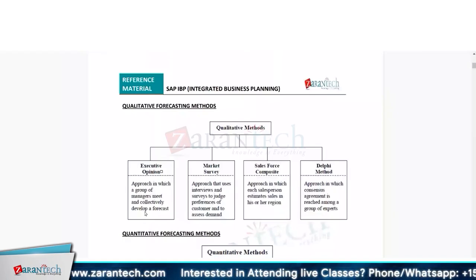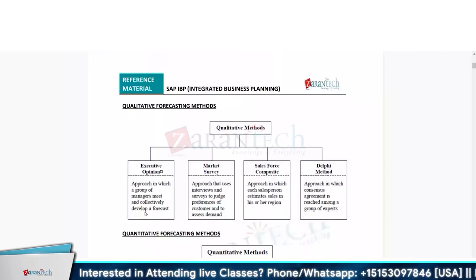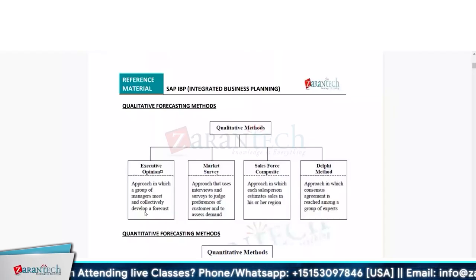Having said this, when I said that most of the time quantitative methods are used over qualitative methods, it does not mean that quantitative methods always give the best results. Let's take an example of the period just before we were badly hit by COVID. All the businesses were working extremely fine.